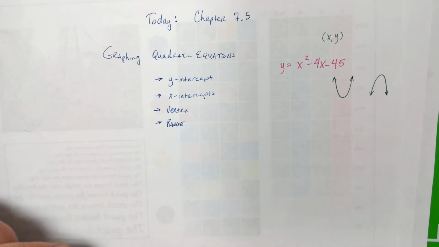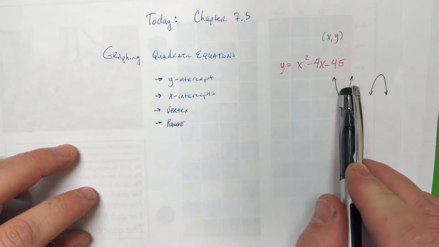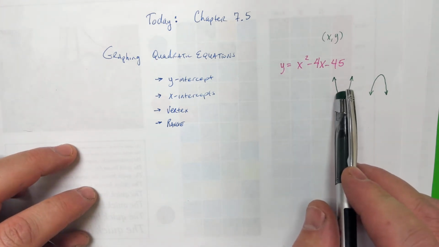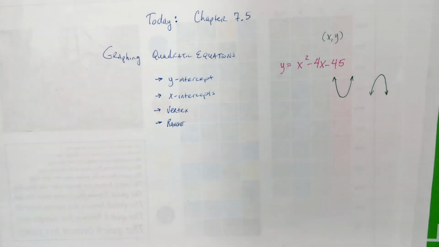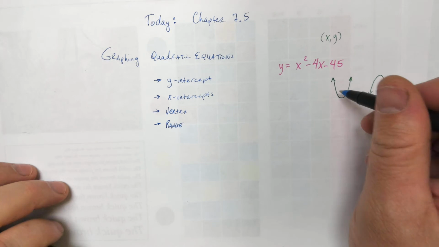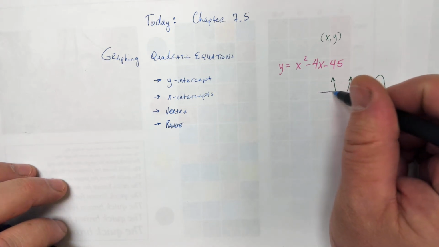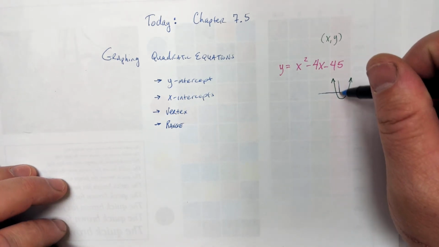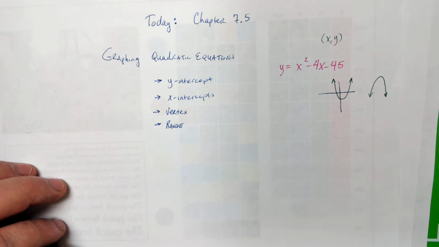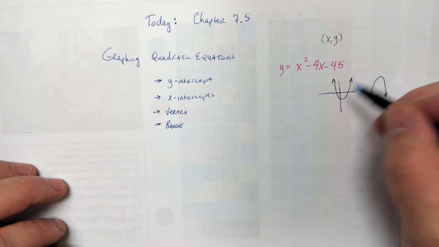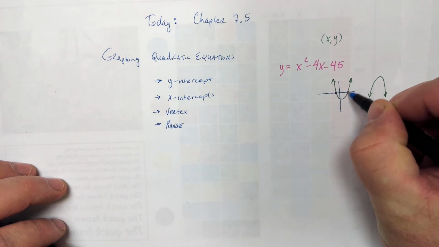Now how wide apart or how skinny it is depends. But here's the thing I want you to see. Our coordinate plane could be something like this. If it was like that in blue, you would have 2 x-intercepts.